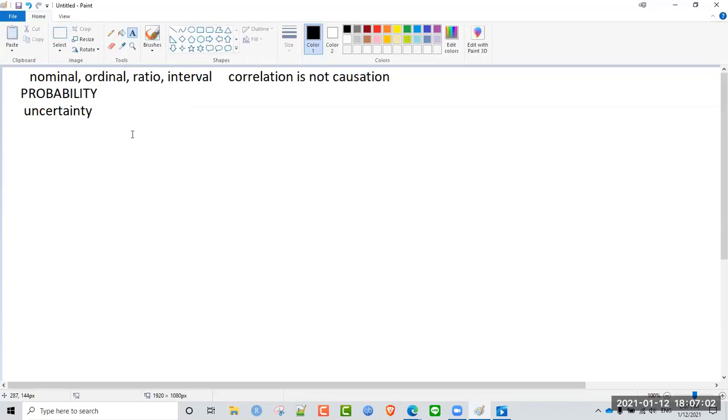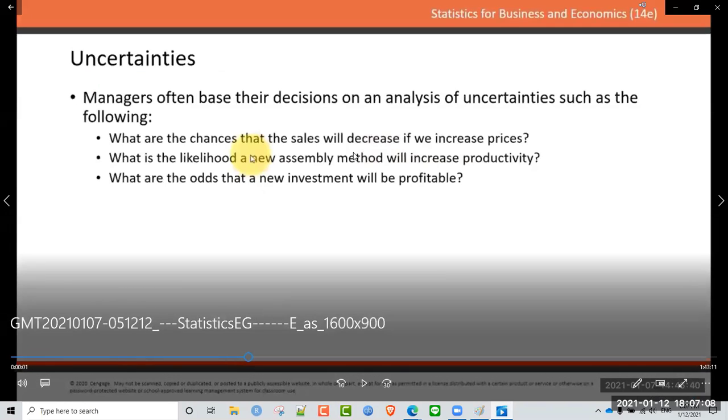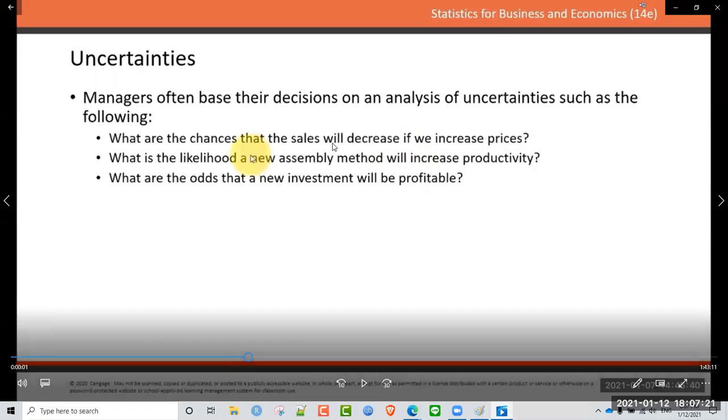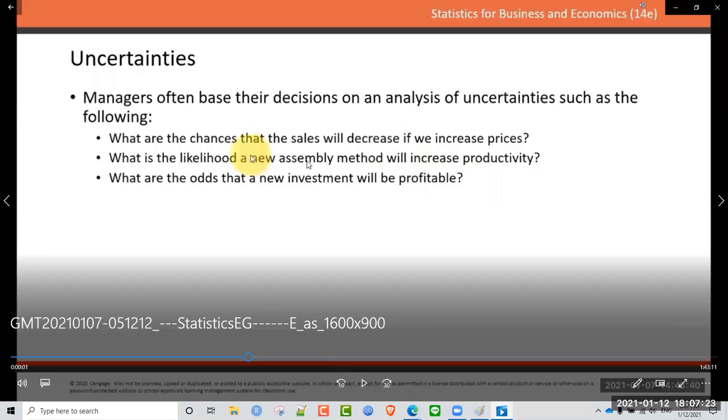So we're going to start with some really basic cases, not as complicated as whether, if you increase price, sales will decrease. That's very complicated. It's hard to know the answer to that, hard even to think about it. Or changing the assembly method, will that increase productivity? That's also difficult. Or making an investment.